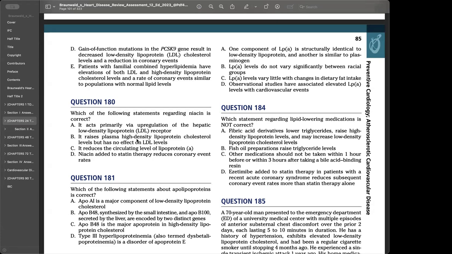So this is the wrong option, so this is the true answer for question 184.